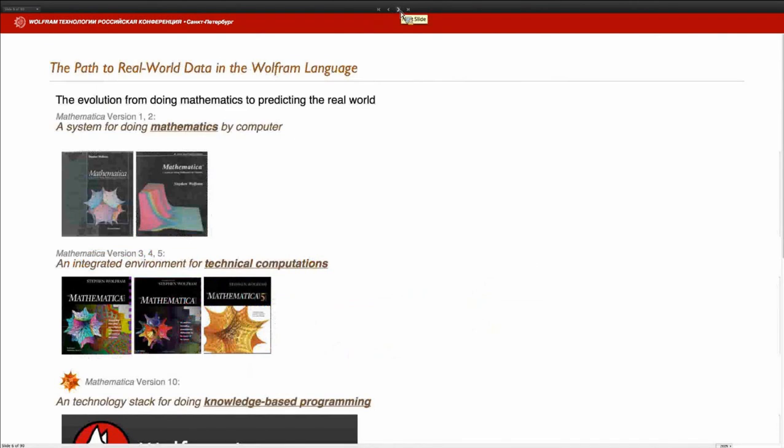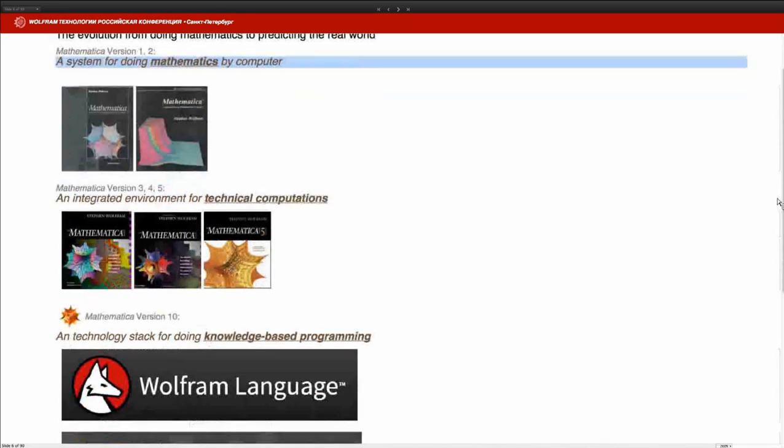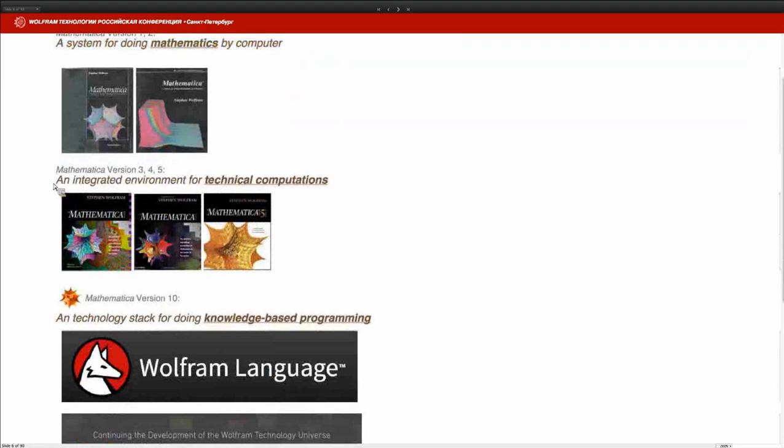If you look at the taglines that were associated with Mathematica over time, or the Wolfram Language, you see a very quiet change. In versions 1 and 2, the tagline was "a system for doing mathematics by computer." So it was really focused just on mathematics. Then in the next versions, it slowly changed to "an integrated environment for doing technical computations."